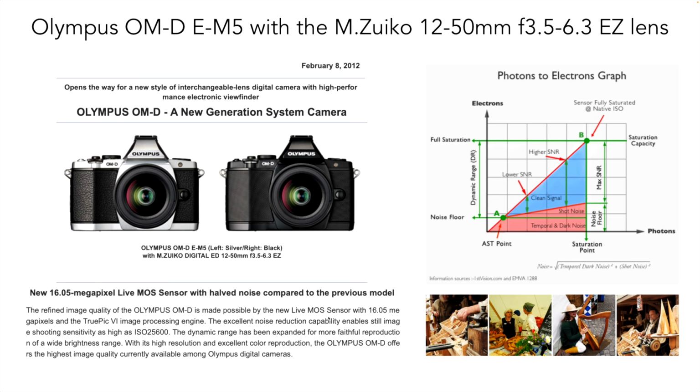So the sensitivity of the sensor is a combination of the optical efficiency and the quantum efficiency. Quantum efficiency is the ability of the sensor to convert photons to electrons, how efficient the sensor is in doing that.